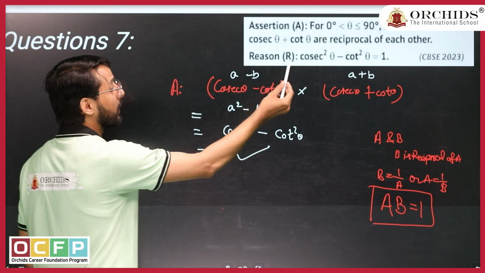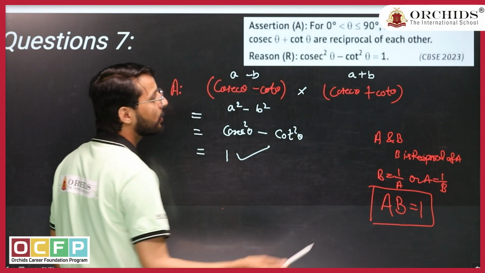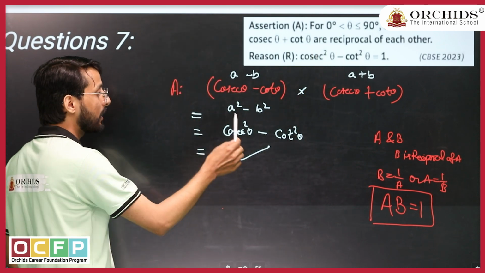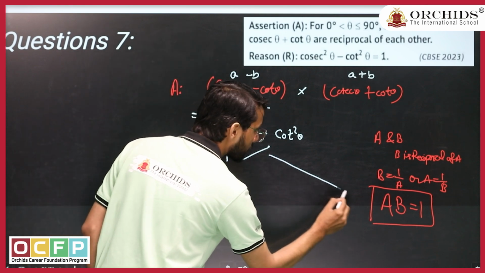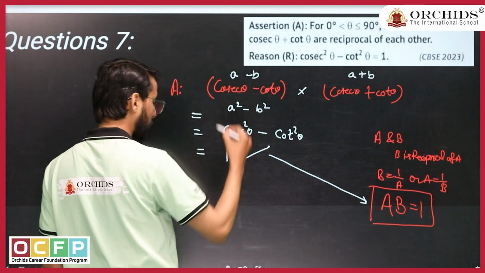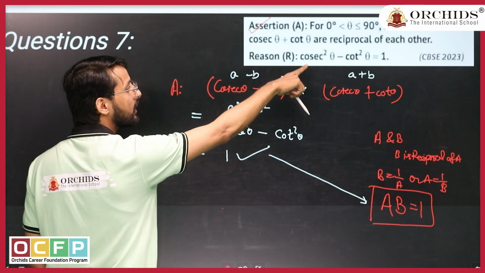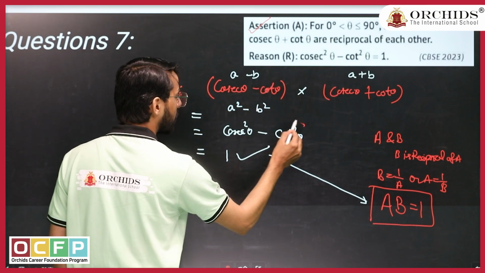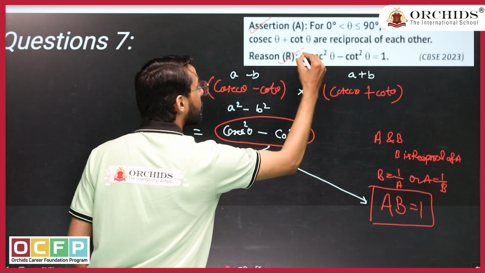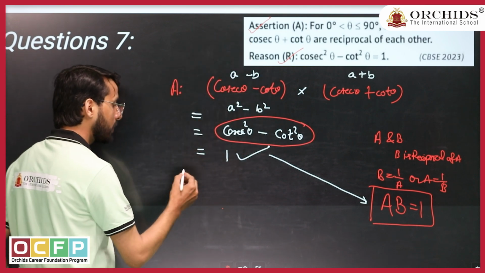Done. You can see the reason. The reason is cosecant square theta minus cot square theta equals 1. Since we can check from this also that the reciprocal should result in 1, and we got 1, the assertion is perfectly correct. And the reason, cosecant square minus cot square equals 1, is also correct, and the assertion depends on the reason. So which option is correct?